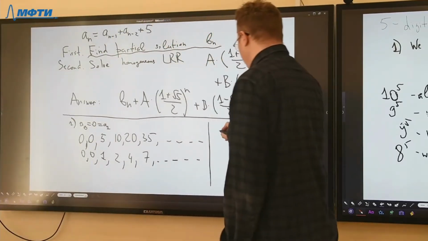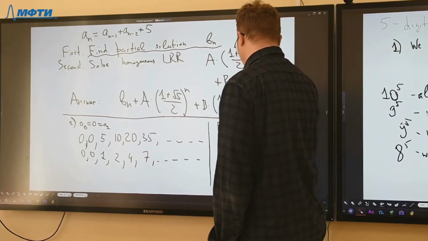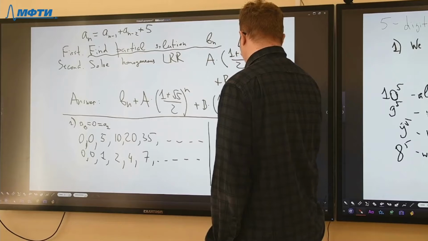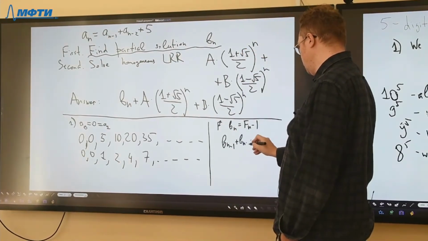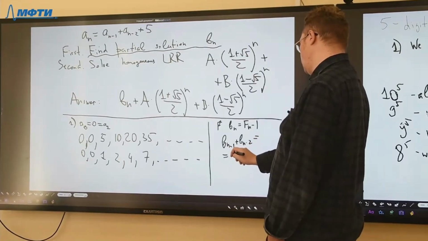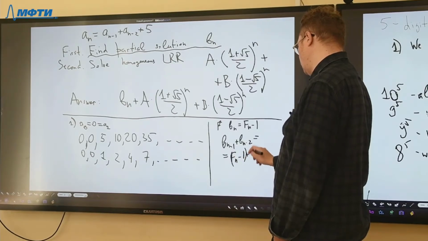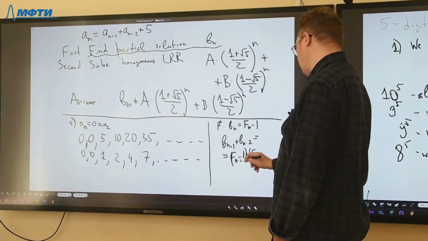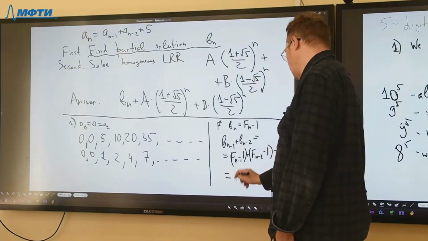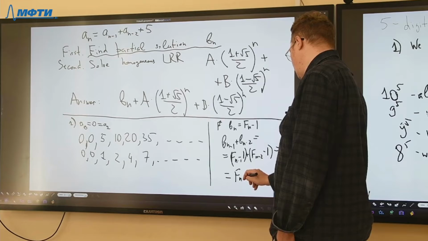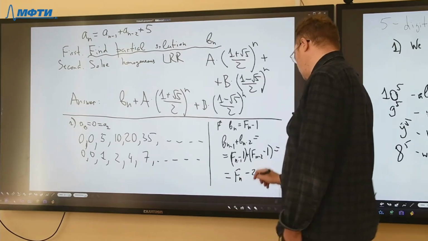So if you take dn as Fn minus 1, then dn minus 1 plus dn minus 2 will be Fn minus 1 plus Fn minus 1, which is Fn minus 2.